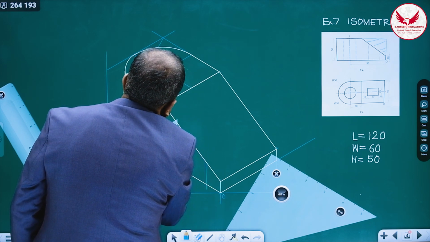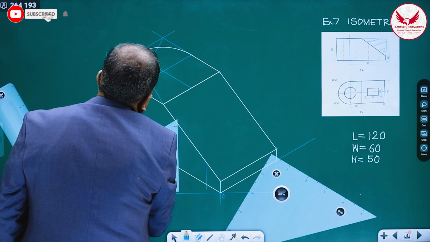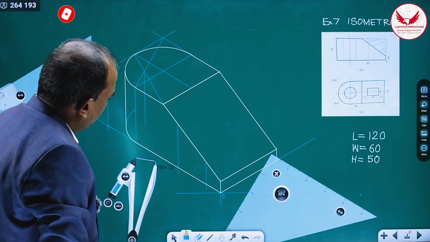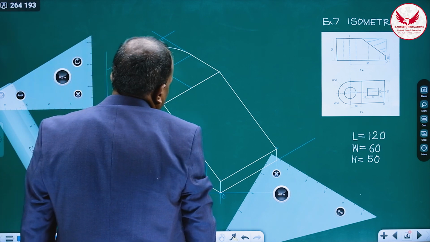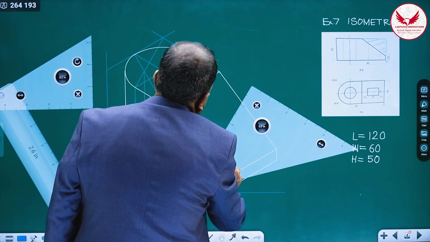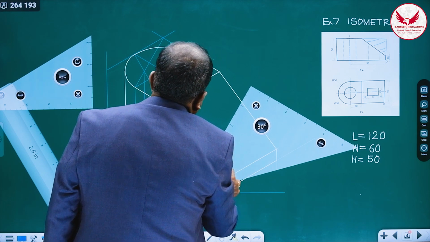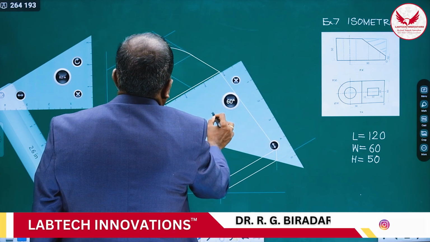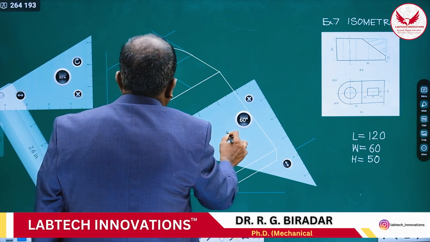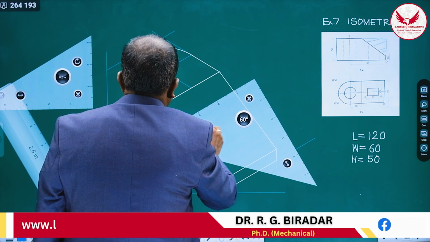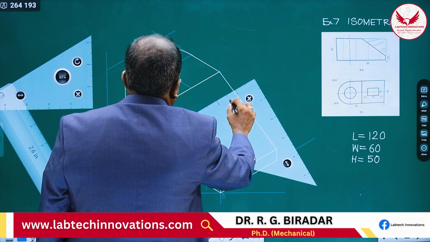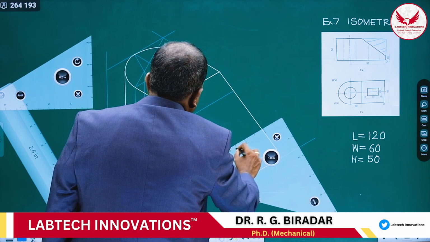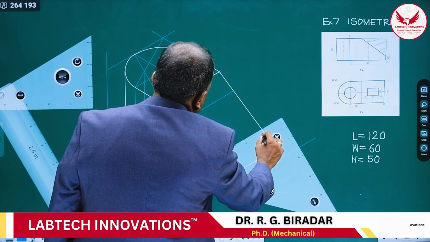So we'll mark on this line in this way, and then shift this. This will be parallel to this edge, and we'll have to shift this line on the isometric surface like this. Just see how I'm marking that rectangular slot.